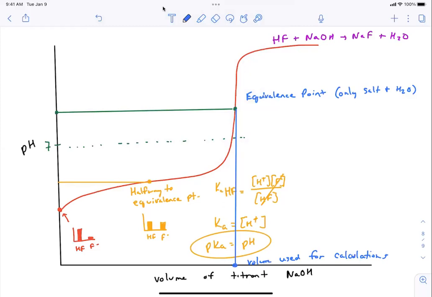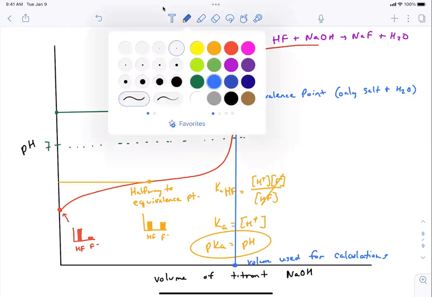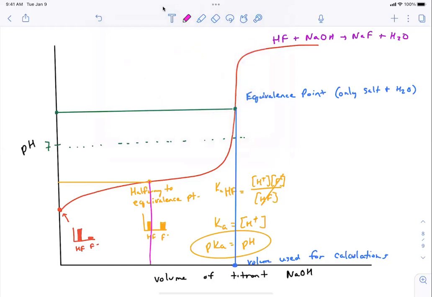Okay. And again, halfway to the equivalence point, half the volume, is where pH equals pKa on this graph.